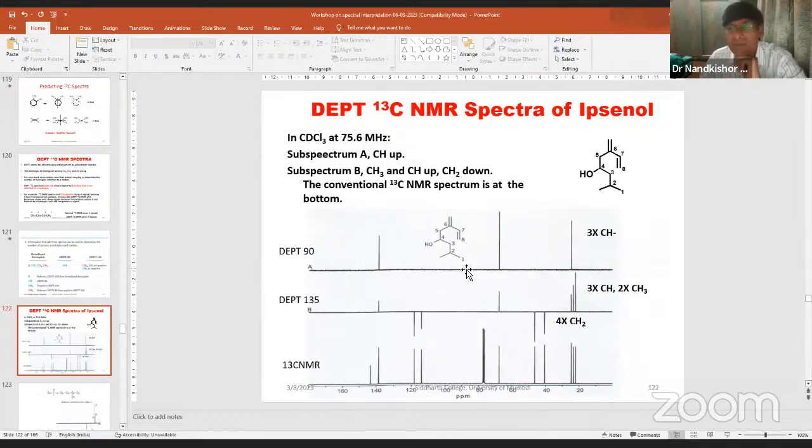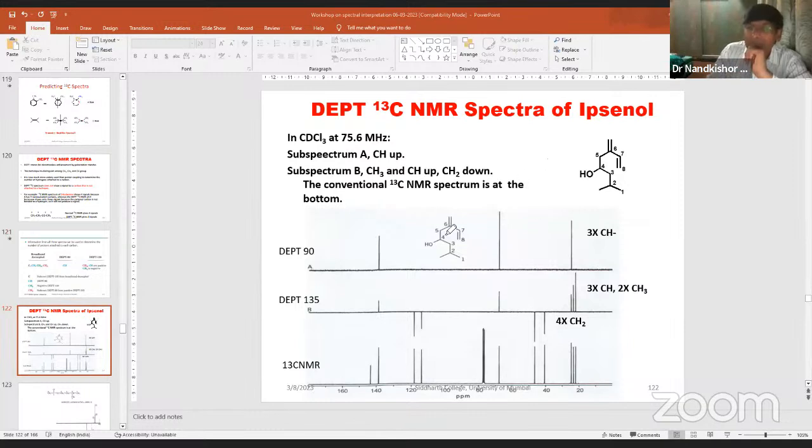Now take the example of this terpenoid. This terpenoid will have a number of CH groups as well as CH2s and CH3s. If you record DEPT 45, the quaternary carbon will be missing.